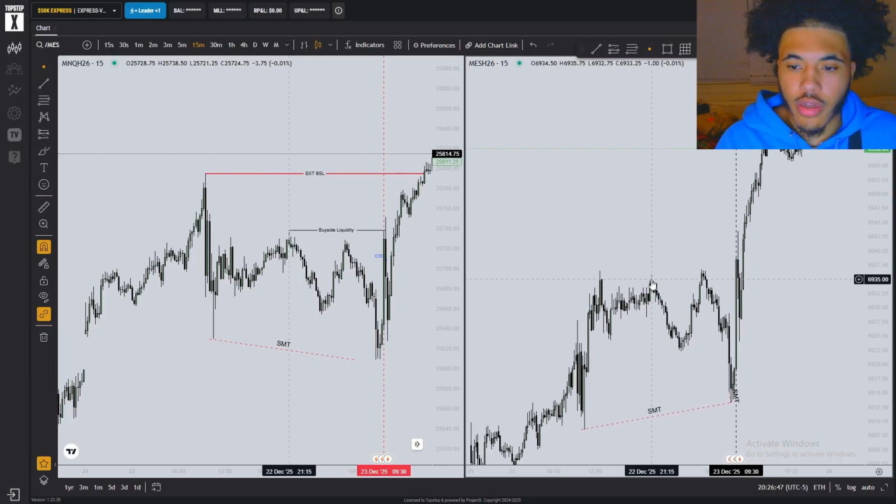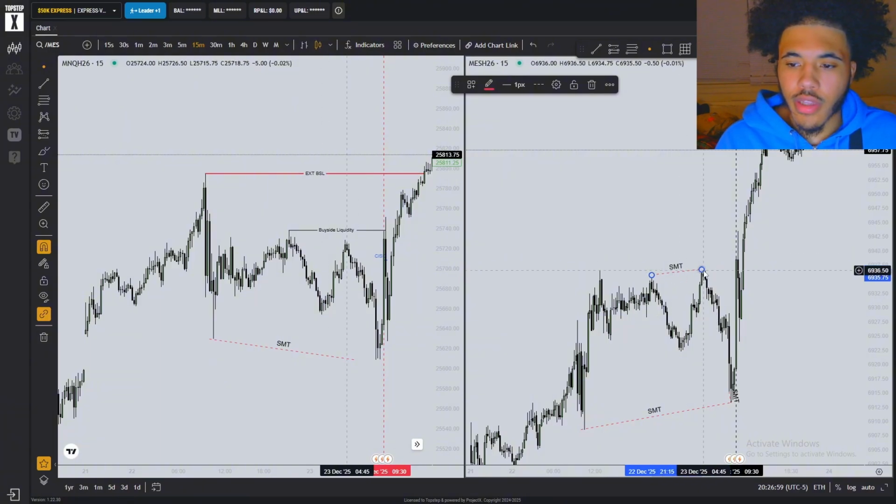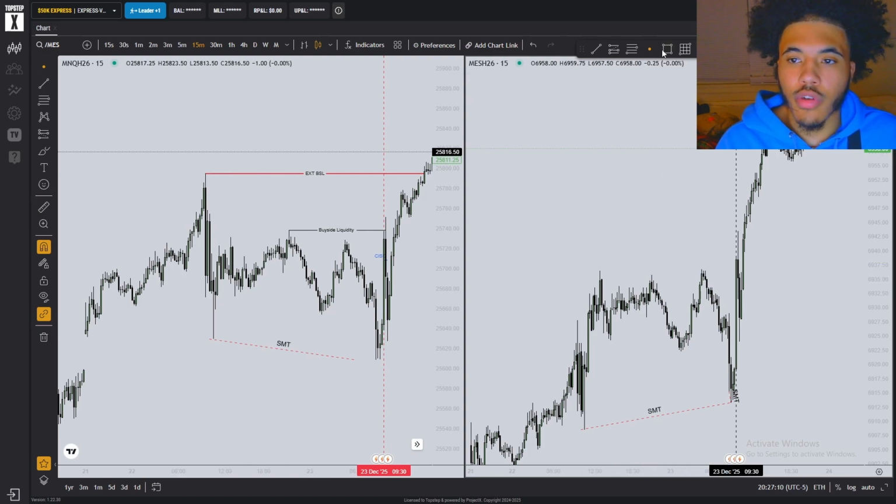So here and here, what do we have? Excuse me, an SMT. And what can you start noticing? That this part in the SMT starts getting ran. So at the open, we run that, so now this SMT is obviously not valid anymore. Buy side is now swept on both charts.